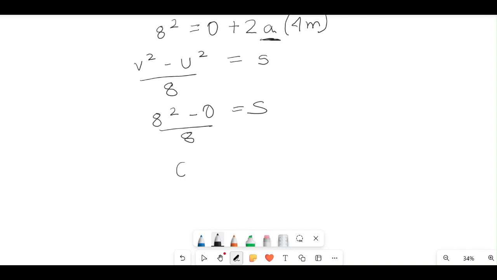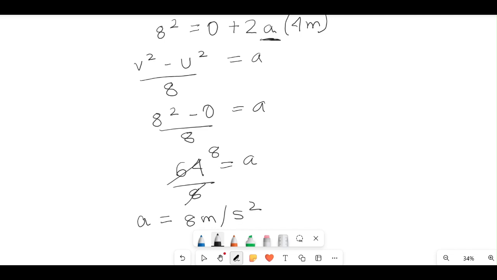Therefore, 8 square is 64 upon 8. 8 8s are 64. So a, which is your acceleration, I'm sorry, it's not s, but it's a, is 8 meters per second square.